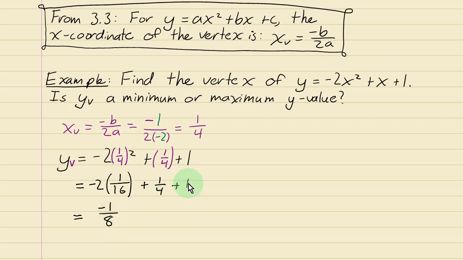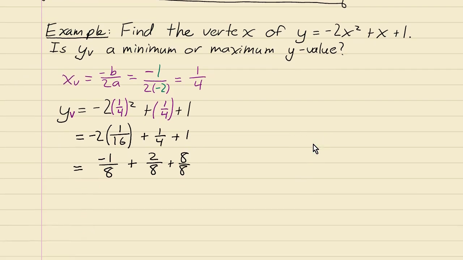And then these other fractions, let's make them be divided by 8 as well, so we can combine them. So the 1 over 4 would be 2/8. The 1 is 8/8. So now we can combine these all and get 10 minus 1 is 9/8.